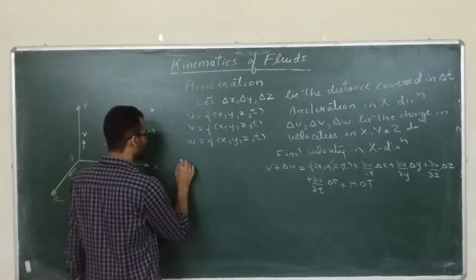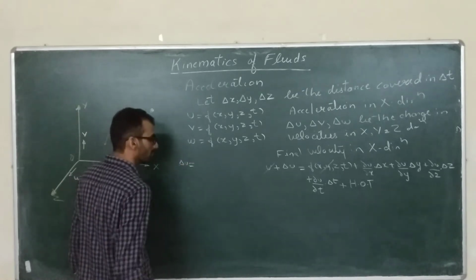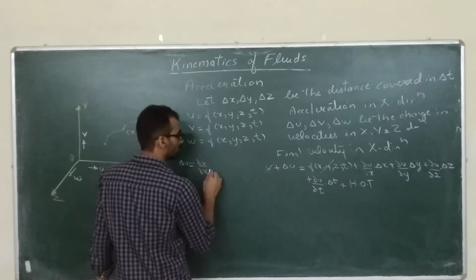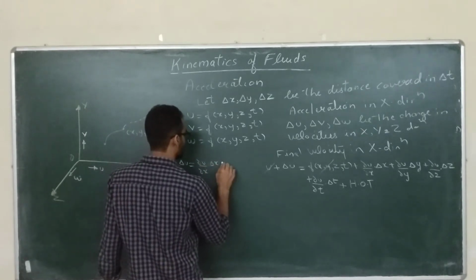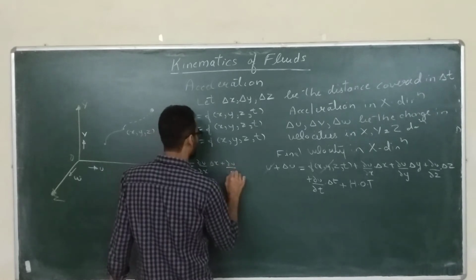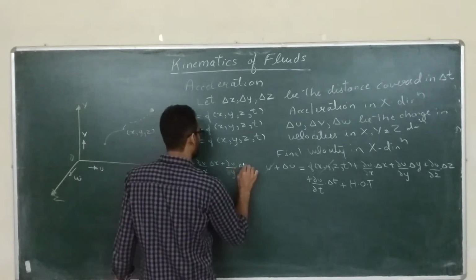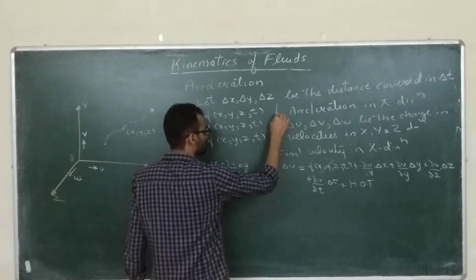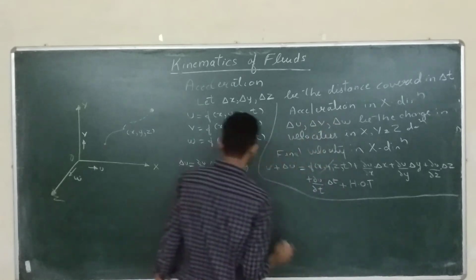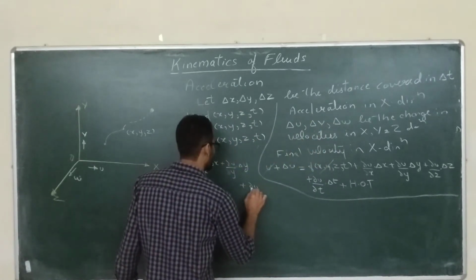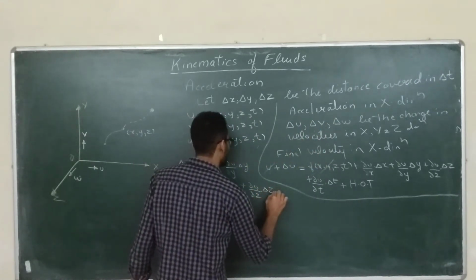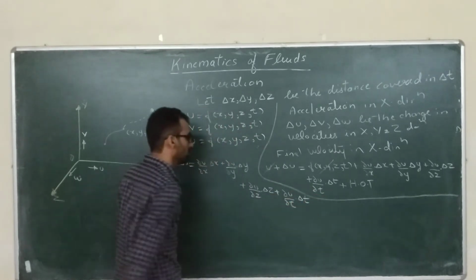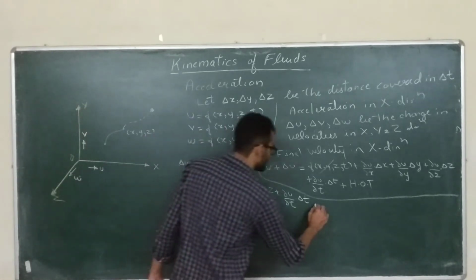Therefore we are getting delta u is equal to del u by del x into delta x plus del u by del y into delta y plus del u by del z into delta z plus del u by del t into delta t, plus higher order terms.